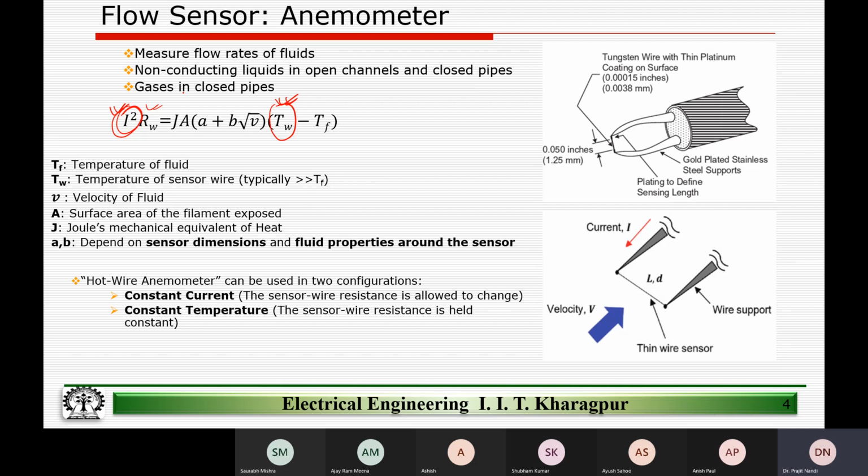Or the second approach can be, I can vary I square, the current flowing through the sensor, and ensure that the temperature of the wire is maintained at a constant value. So we can take two approaches.